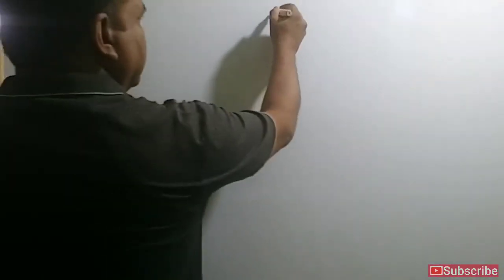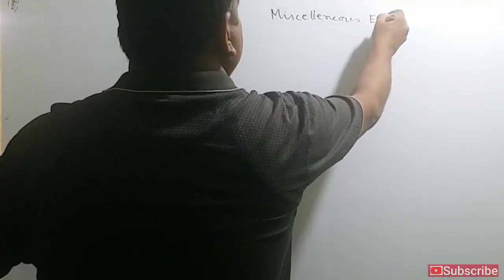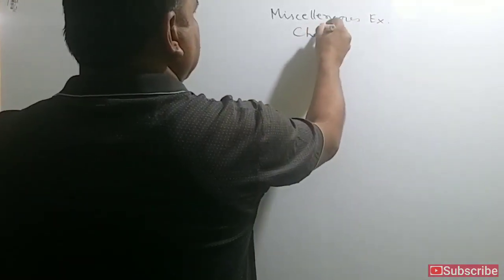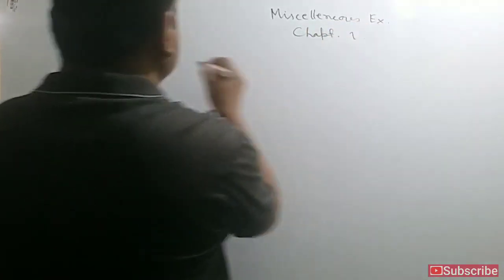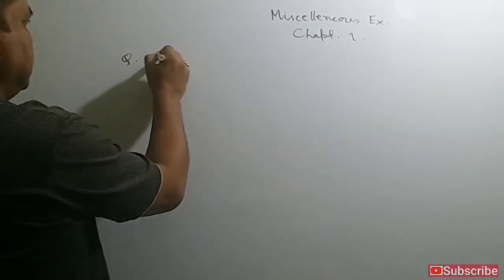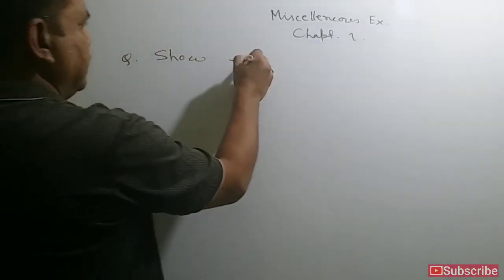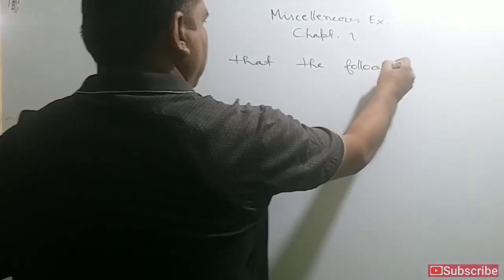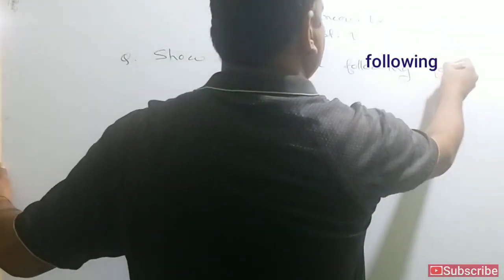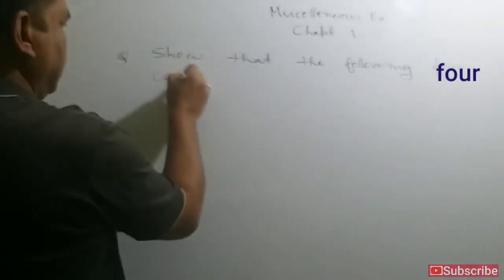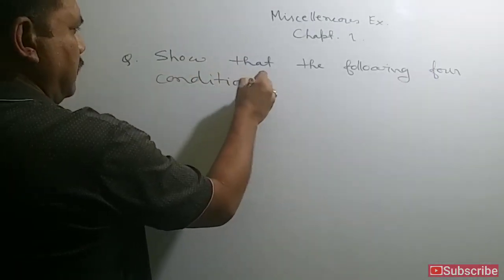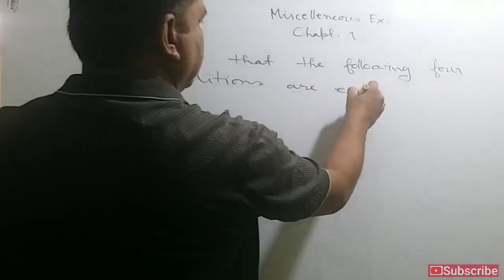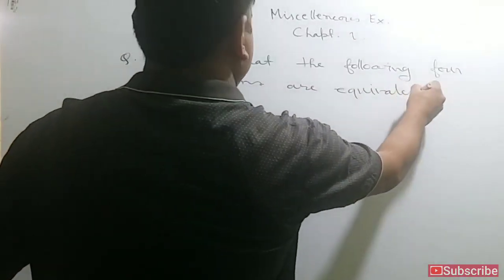Now we are going to solve question number 4 of miscellaneous exercise, chapter 1. Question number 4. Show that the following 4 conditions are equivalent.